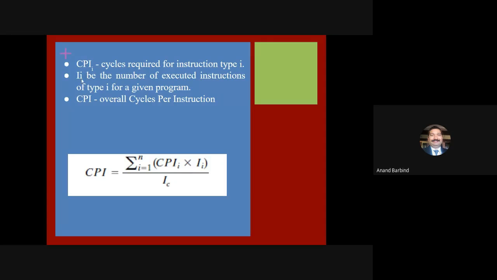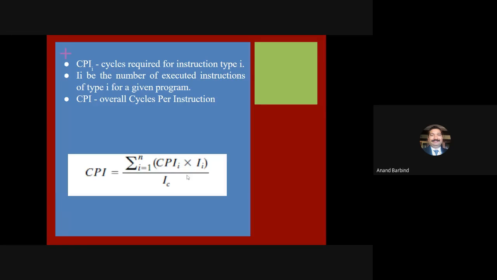Then I_i is the number of executed instructions of type i for a given program. That is, how many instructions of type i are executed. IC is the final instruction count.